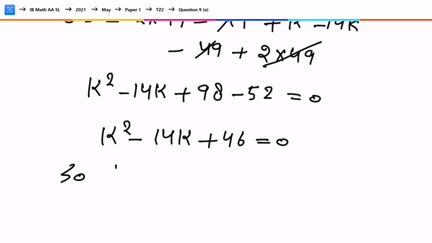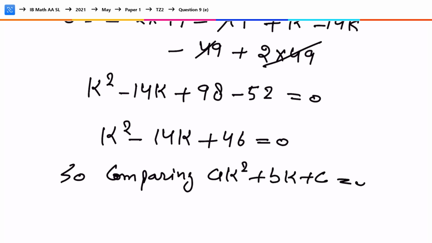Now comparing with the standard quadratic equation, ak squared plus bk plus c equals 0, we see that a equals 1, b equals minus 14, and c equals 46.